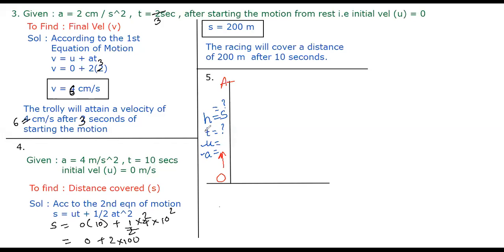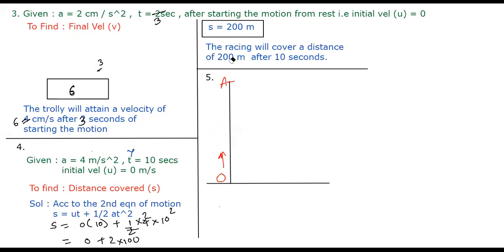What to do? Because we needed a, t and u to find out s. But right now t is not known to us. Only a and u are known. Who can help me in this?